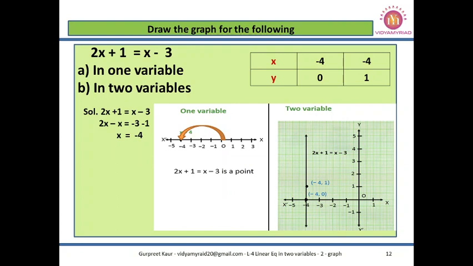Same way, if I want to show it in the form of two variables, your line is parallel to the y-axis, you can plot any point. Your y can be 0, 1, 2, 3, 4, any numbers on that straight line.